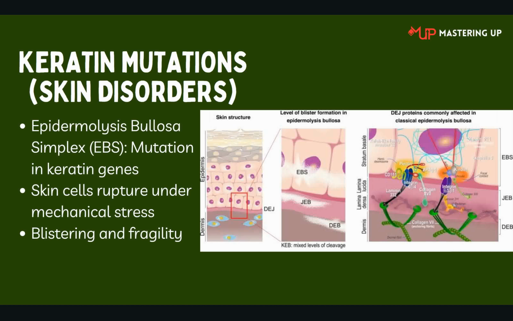The cytoskeletal framework can no longer handle the physical stress, leading to the easy rupture of skin cells and severe blistering. Even minor friction or trauma can cause painful wounds. This condition highlights how intermediate filament mutations can directly impact tissue stability and resilience.